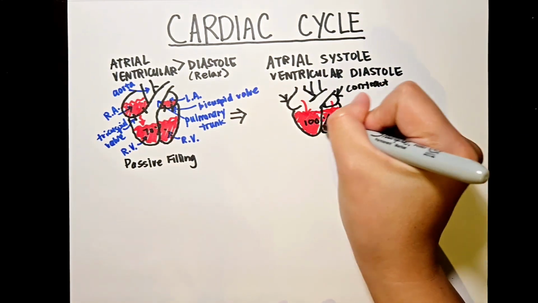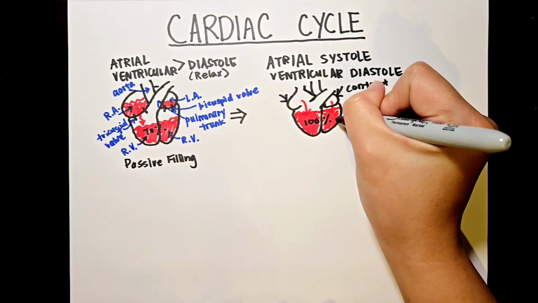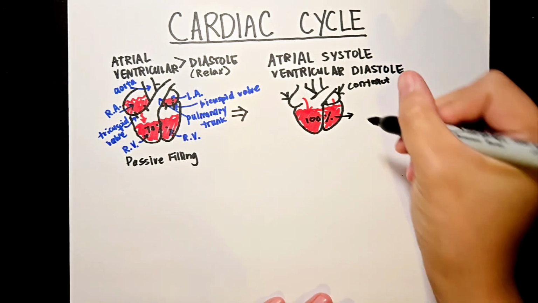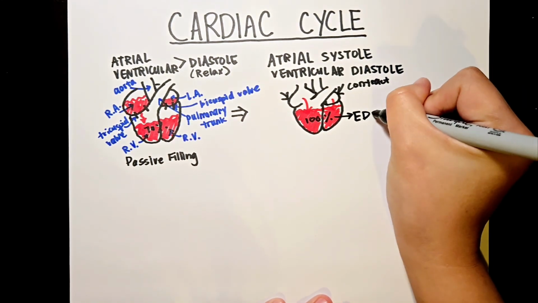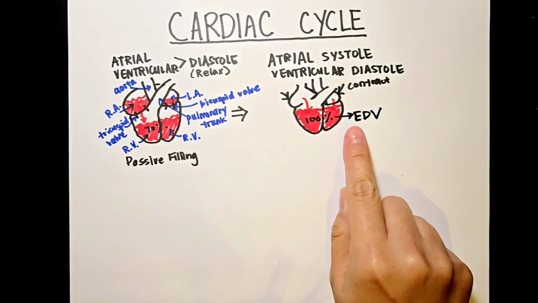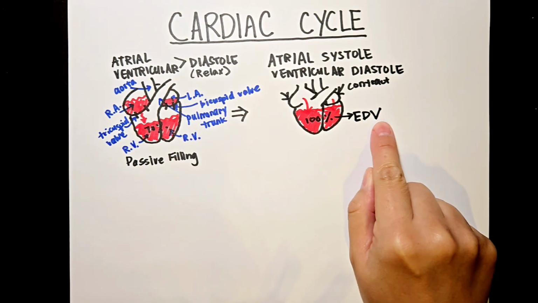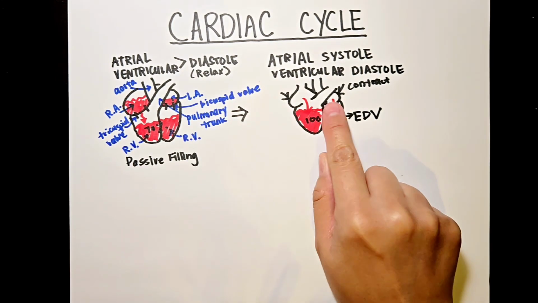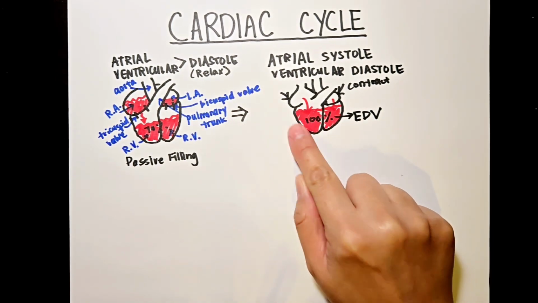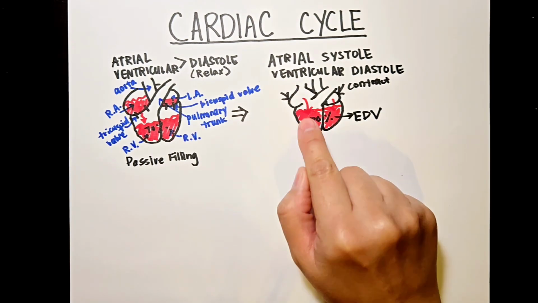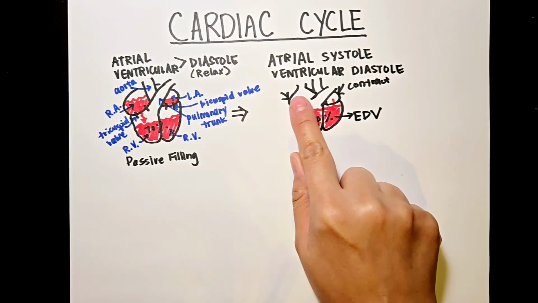Now, this 100% is also what we refer to as EDV, end diastolic volume. It is when the ventricles are filled with all the possible blood that the atria can push into the ventricles.